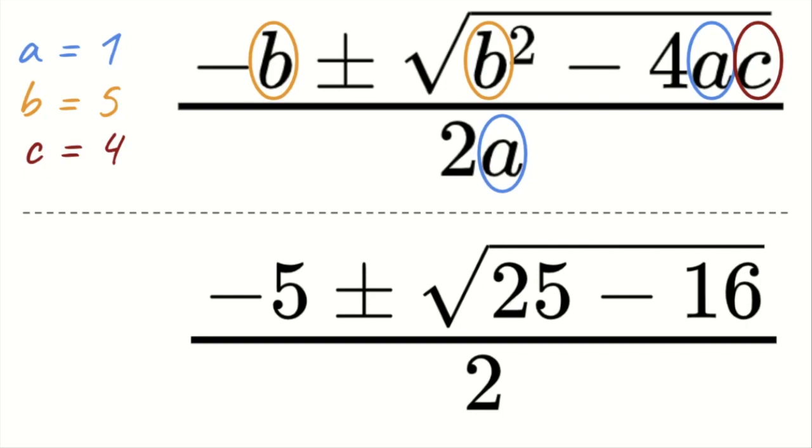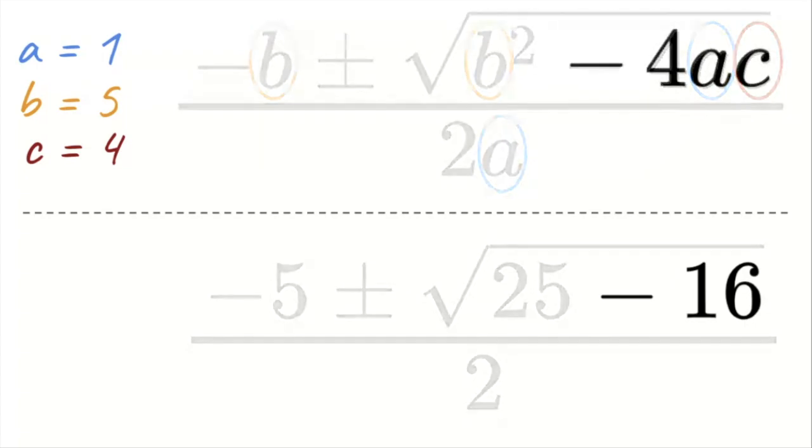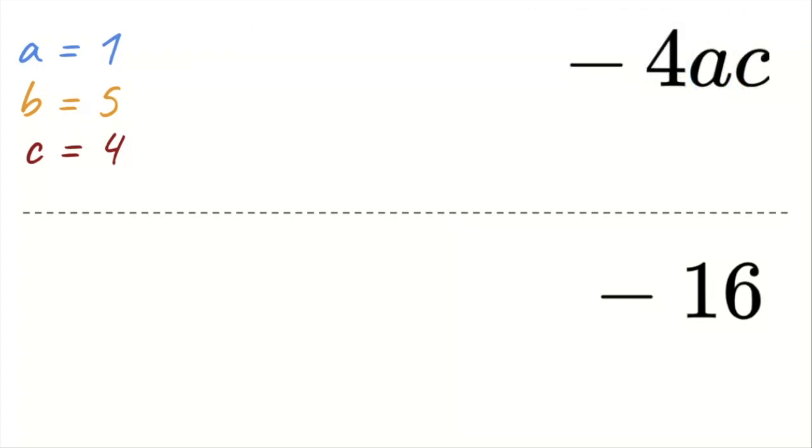I'd like to take a moment and highlight what I think is the hardest part of this entire question, deceptively so. It's the bit where we do -4 times a times c. In fact, I would recommend, as you're working through this question, to take that bit of the formula and write it down separate from the rest of the formula and perform just that bit.